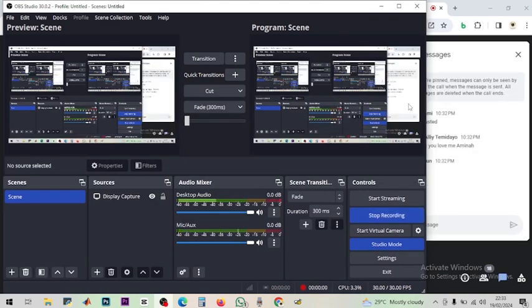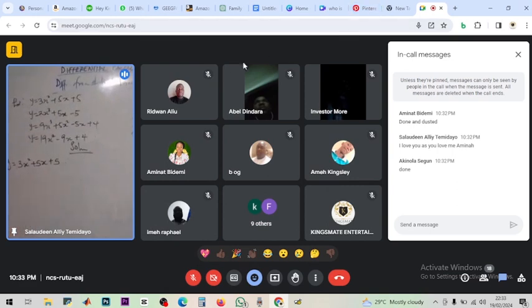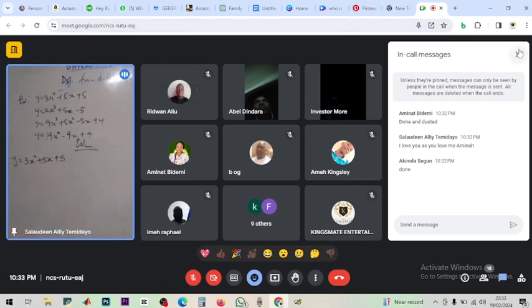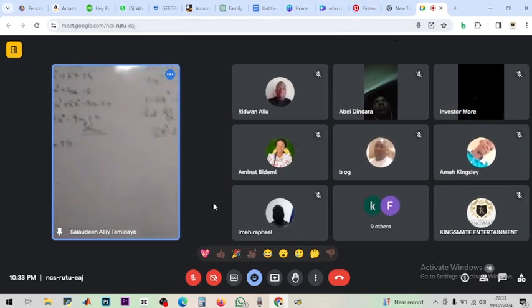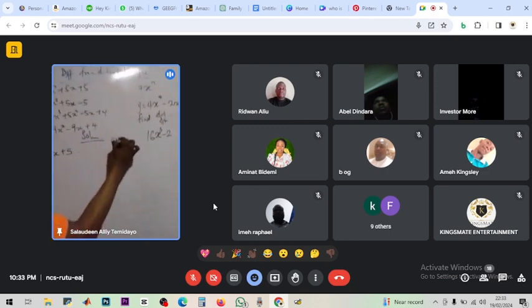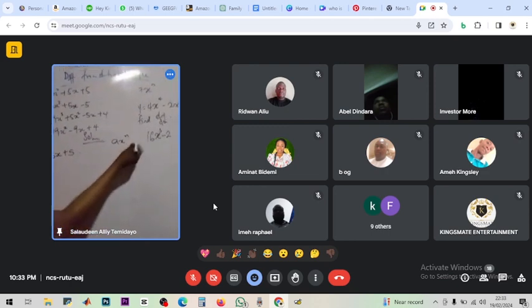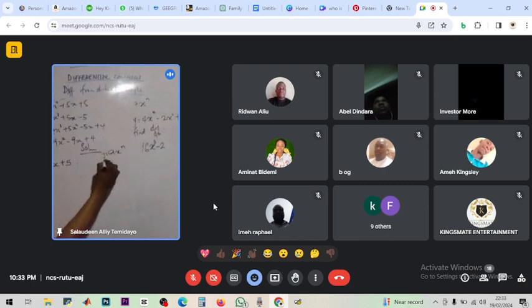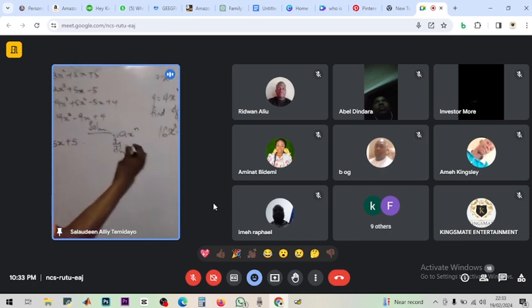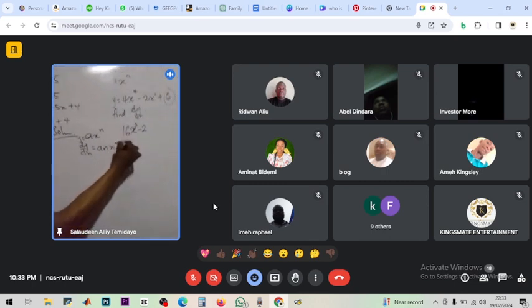Here is what's actually happening. There is a formula in the form ax raised to the power of n. The derivative of y will be n times a times x raised to the power of n minus 1.